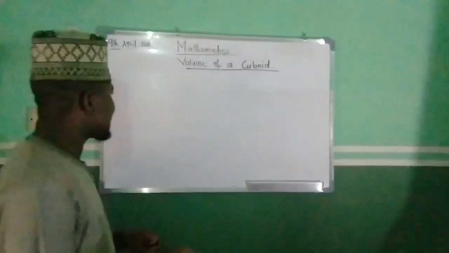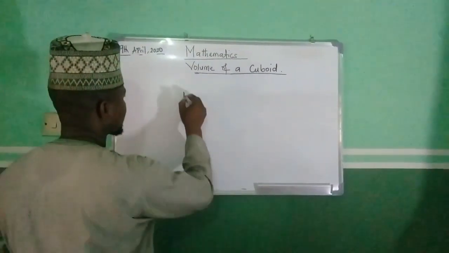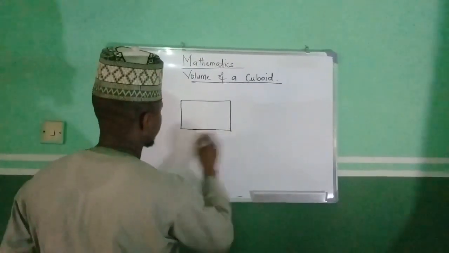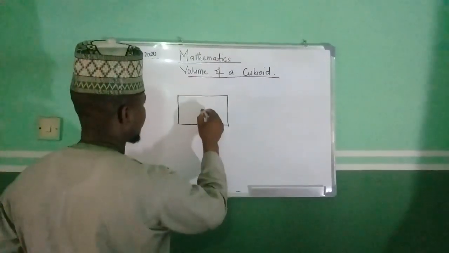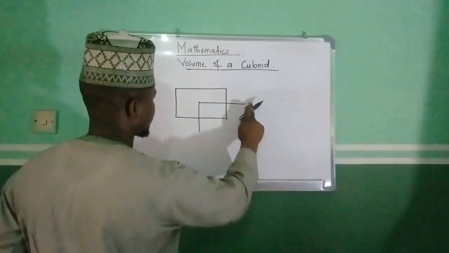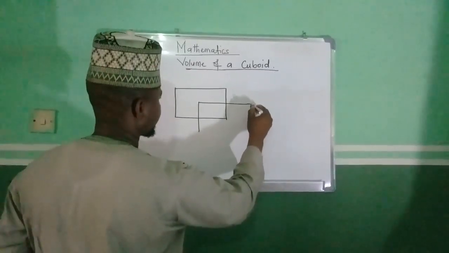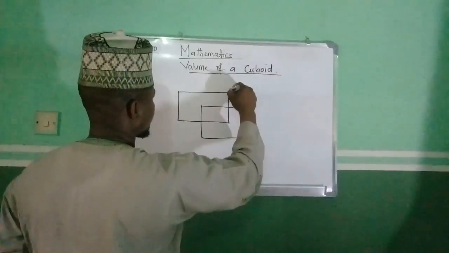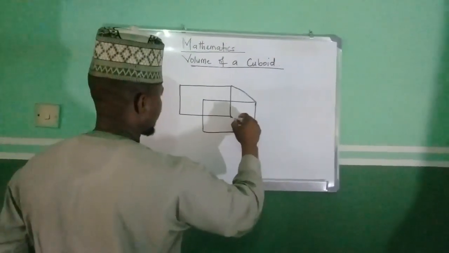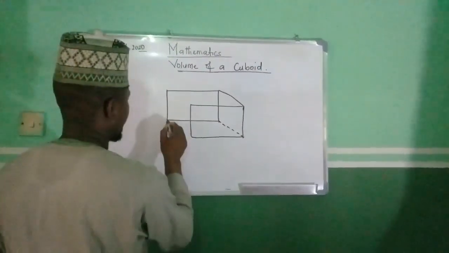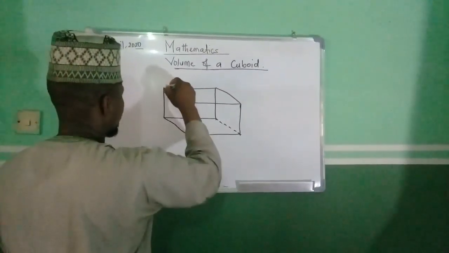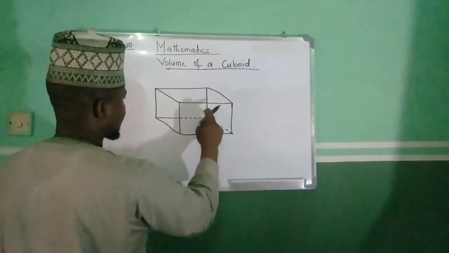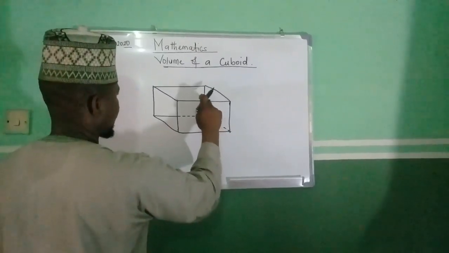So inshallah, if I have my cuboid like this, with perforated lines in here to indicate that the lines are within.